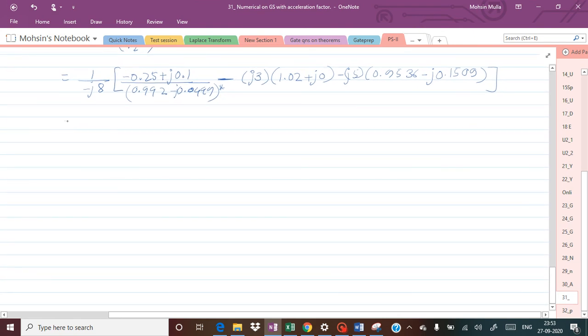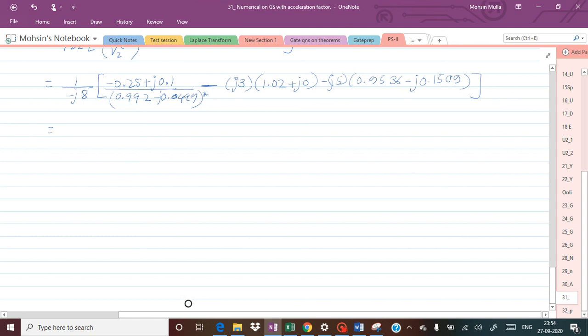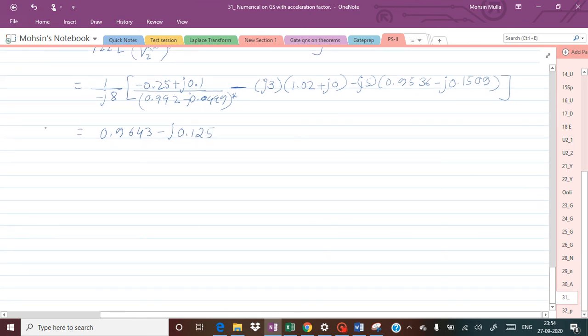Simplifying this, the result will be equal to 0.9643 minus j0.125.